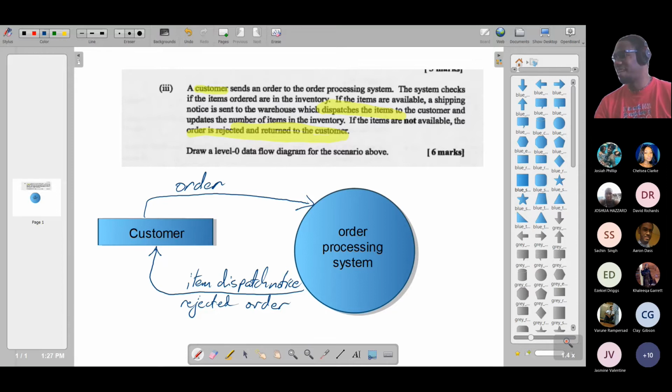When we look at it from a system perspective, we really and truly now get an understanding of, if we just take a bird's eye view of the system and the external entities, this is what the system would look like.